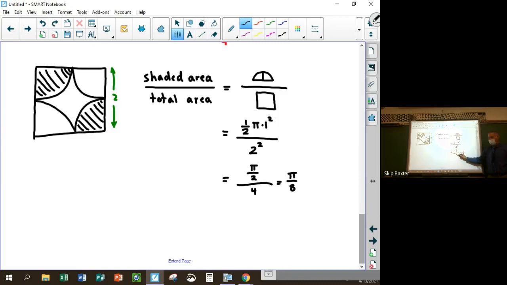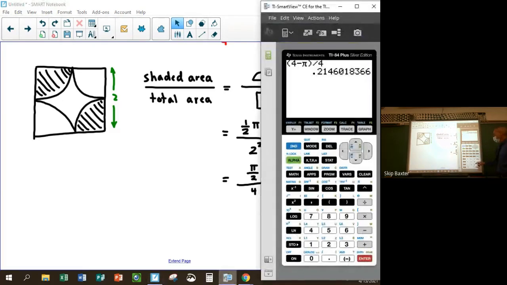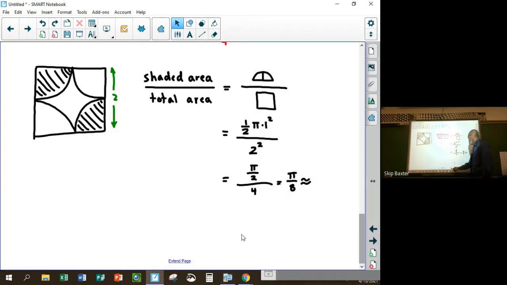Right? Dividing by 4 is the same thing as multiplying by 1/4. So pi over 8, if I wanted to get a likelihood on my calculator, you just do pi divided by 8. And I get there's a 39% chance that this occurs.